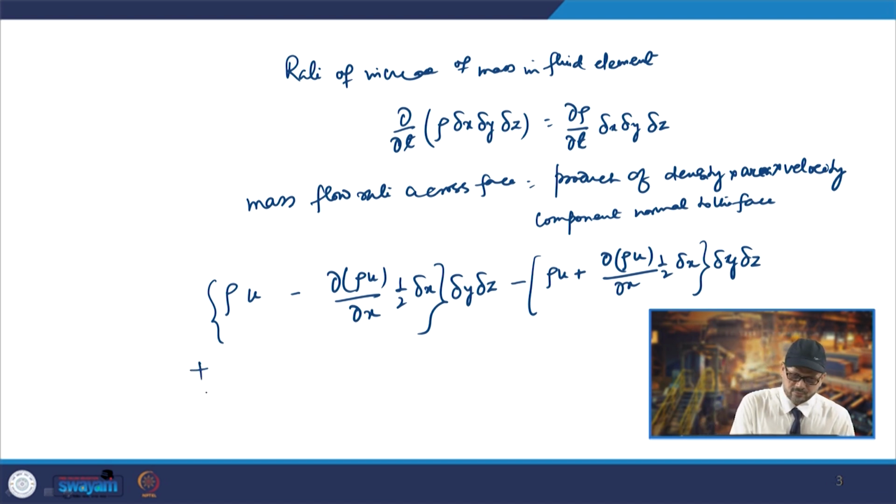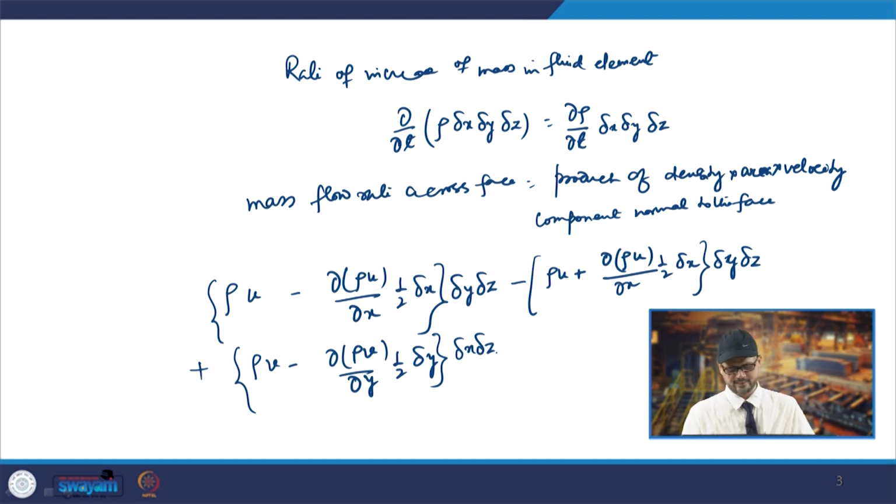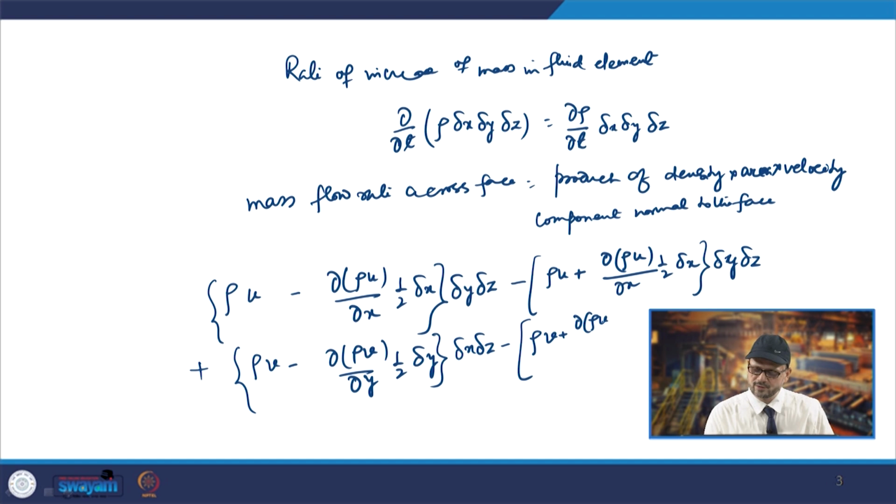Similarly, if you take the v component, you will have ρv minus ∂(ρv)/∂y multiplied by half of Δy, and that will be multiplied again by Δx Δz, and that will be further minus of ρv plus ∂(ρv)/∂y times half of Δy, multiplied with Δx Δz.